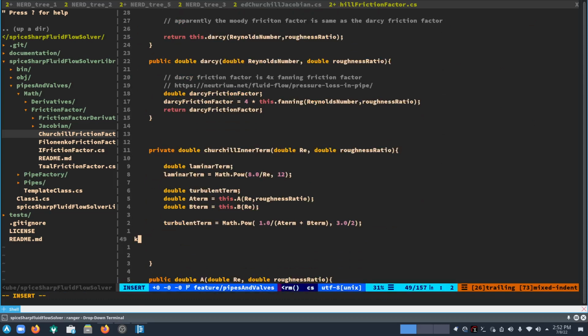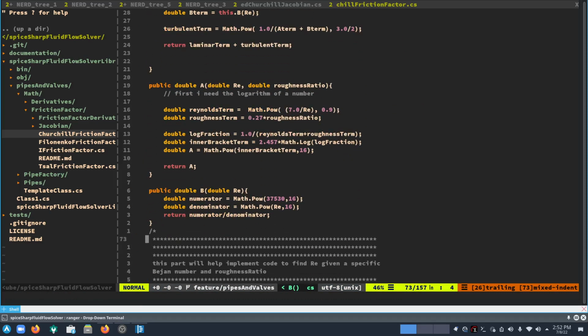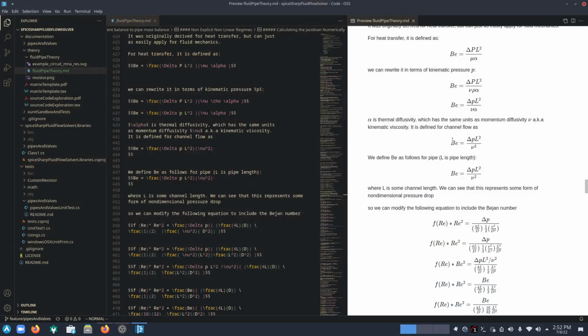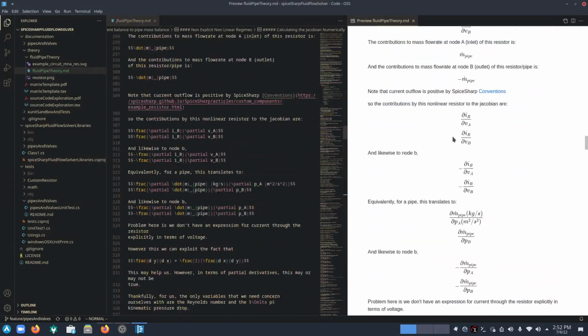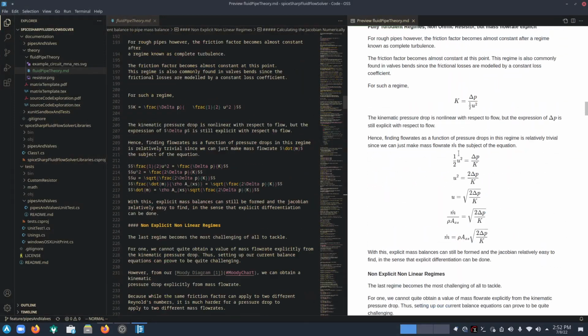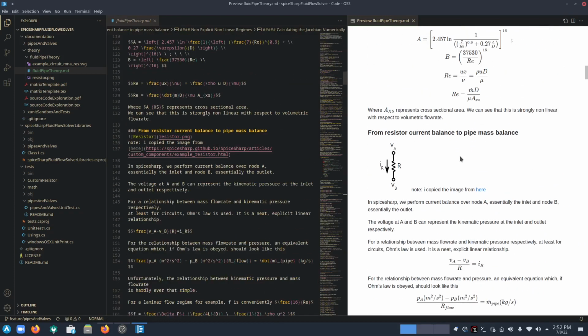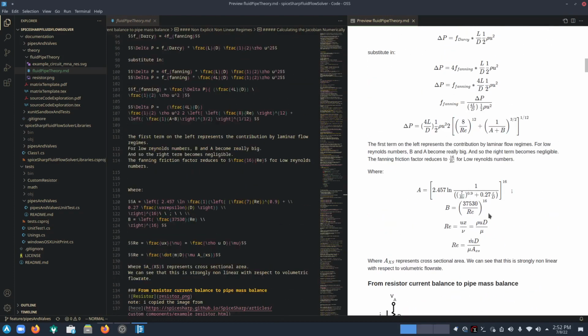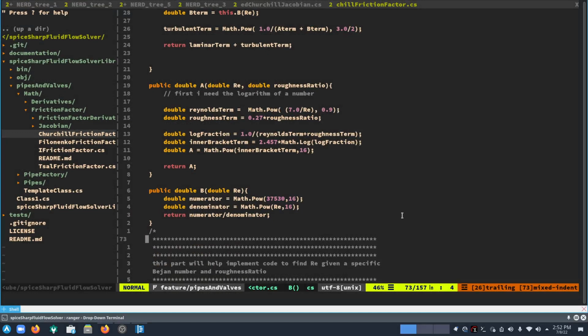I have a Churchill inner term, an A term, and a B term, and we can see over here what A and B are. I'm not going to go into that. So this is the code to calculate the Churchill friction factor.